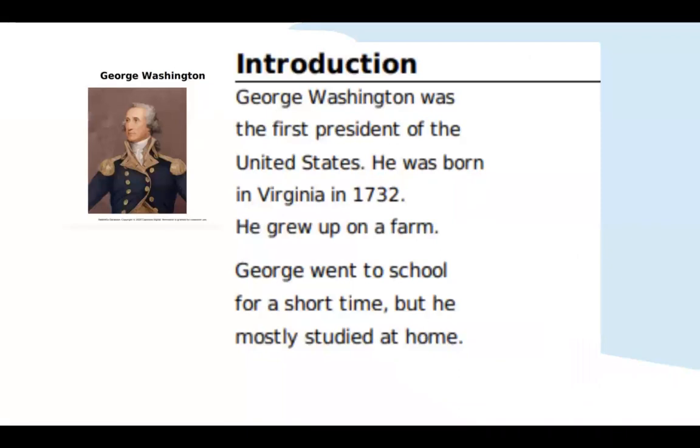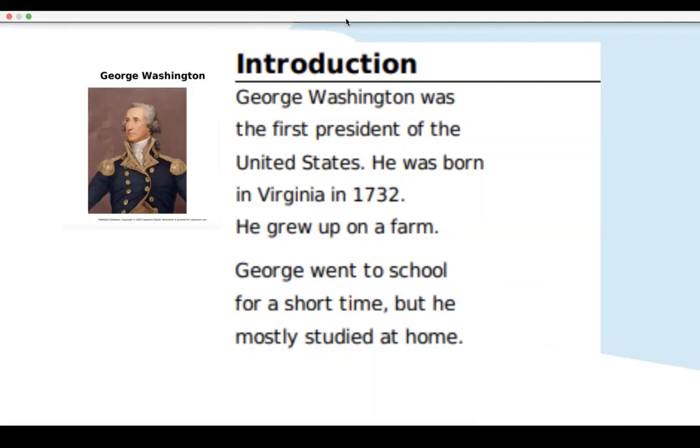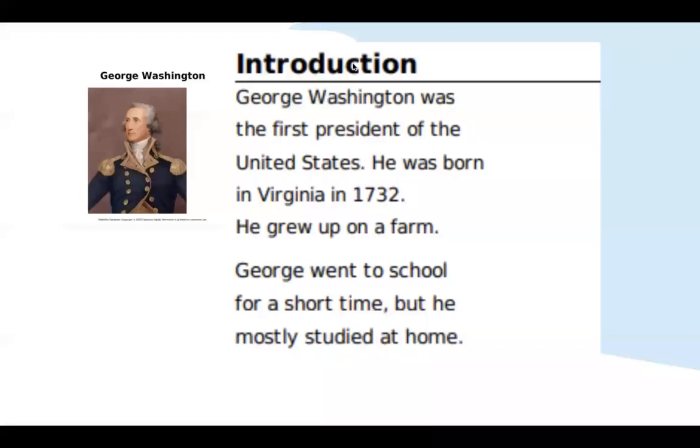All right, we're going to use our text, George Washington, to find details that support our main idea. Our main idea is that George Washington is a symbol of leadership for our country. Anytime we see a detail that supports that main idea, we're going to put a star next to it.